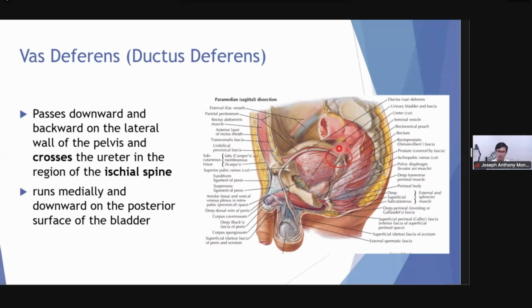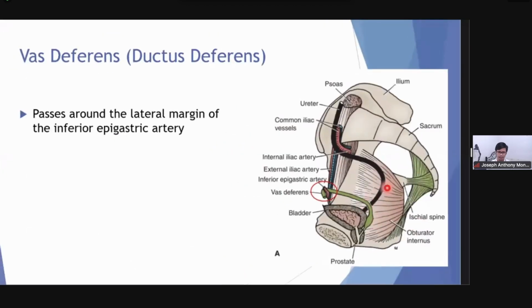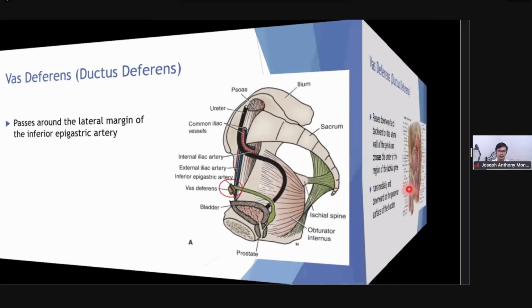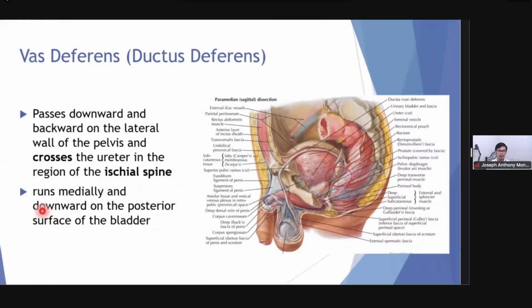If we closely correlate it with the diagram previously shown, exactly at this portion, at the level of your ischial spine, the vas deferens continues posteriorly and will now be crossing over the ureter. Okay, take note of it.